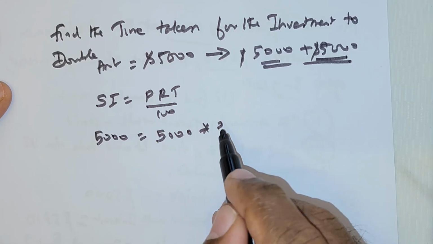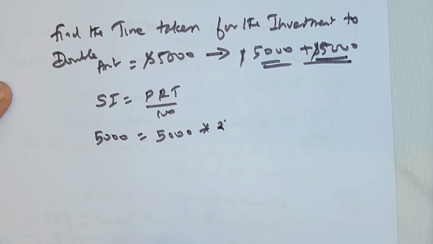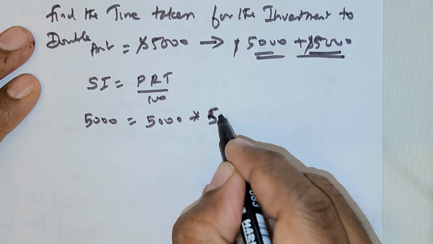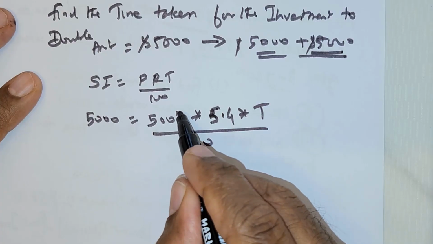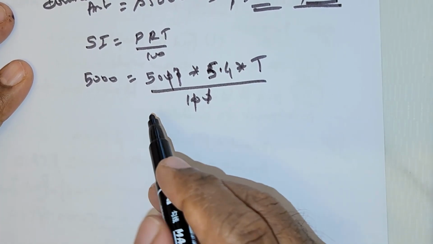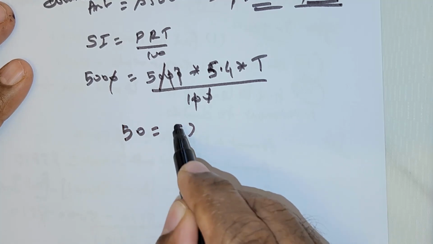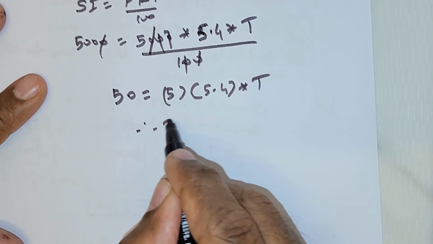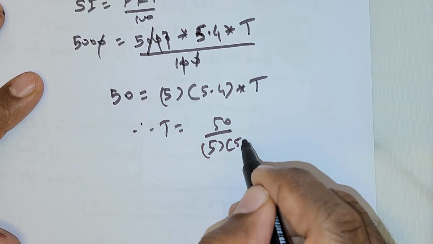The rate of interest is given as 5.4, so we put that 5.4 there: 5.4 multiplied with t divided by 100. Cancel these two zeros. So you have 50 is equal to 5 multiplied with 5.4 multiplied with t. You can rewrite it as t is equal to 50 divided by 5 into 5.4.